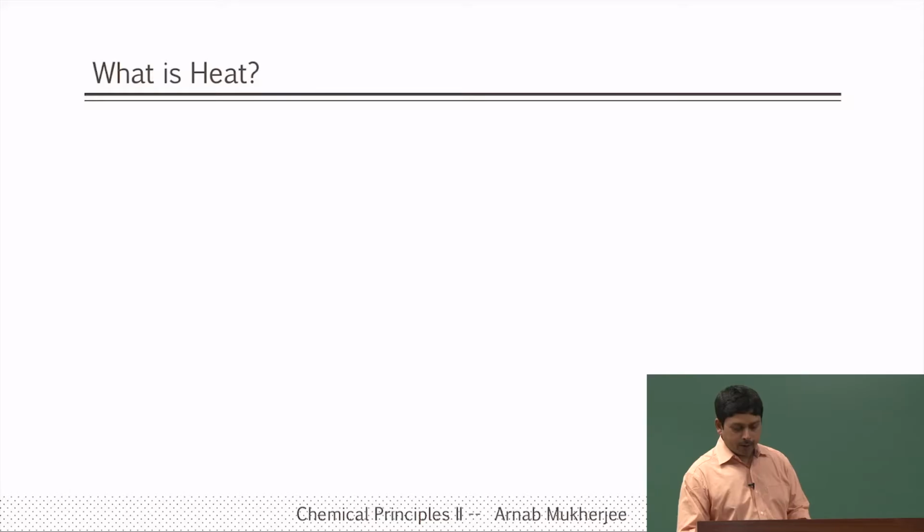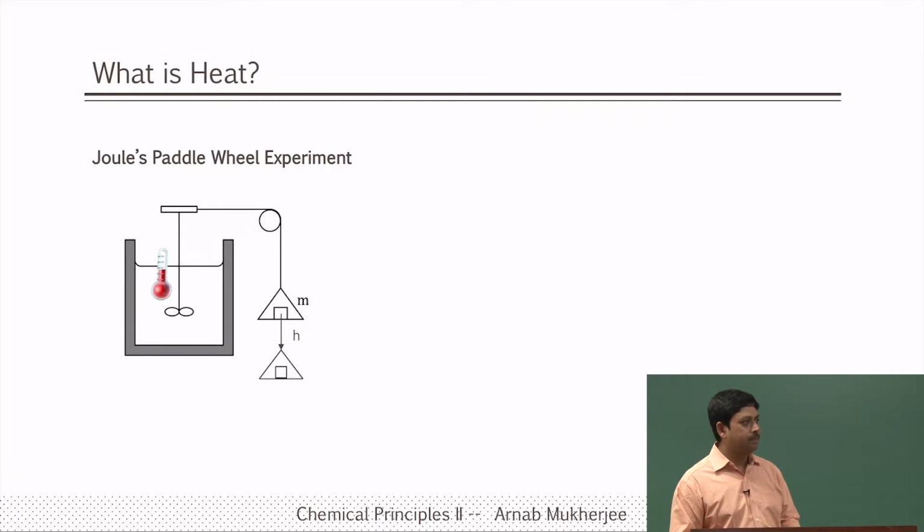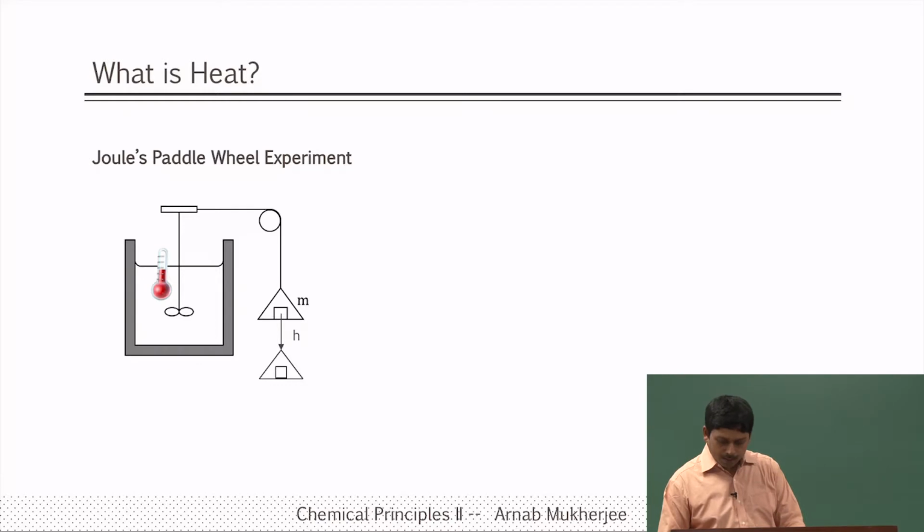Both the cannon boring experiment and Joule's paddle wheel experiment showed that heat is nothing but energy, or heat is nothing but kinetic energy of the system. How did he do that?